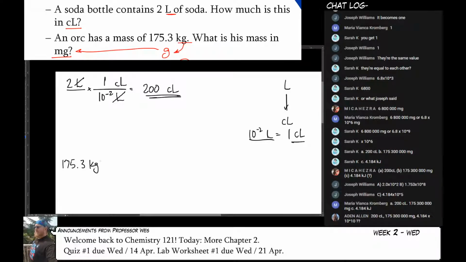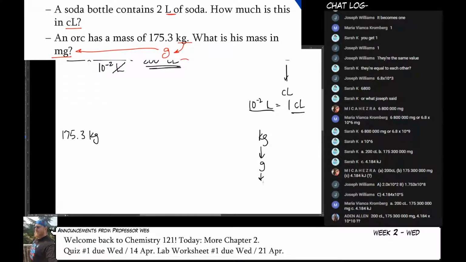All right, for the next problem, I have 175.3 kilograms. And I need to turn kilograms into grams and then into, we're out of space, milligrams. What relationships do we have? So we know that for kilograms to grams, 1 kilogram is 1,000 grams.